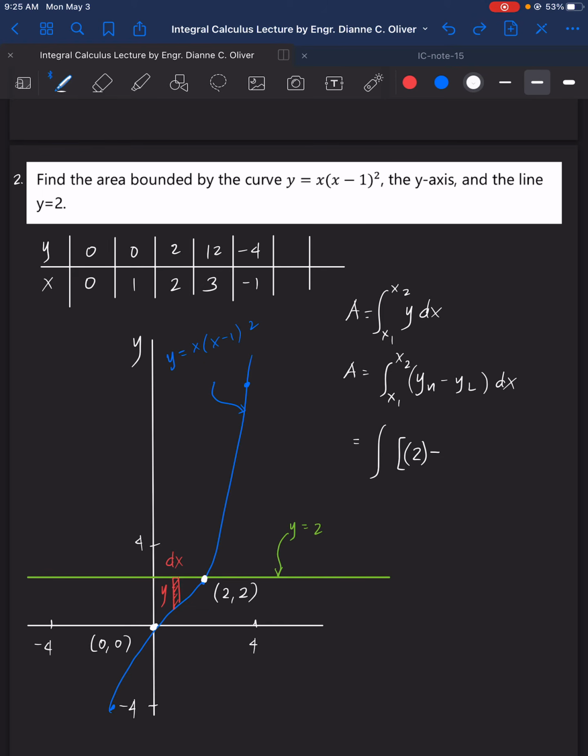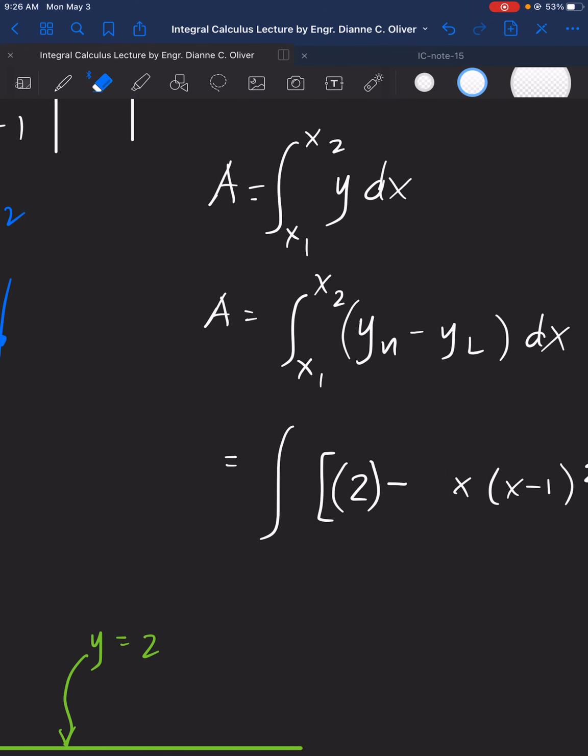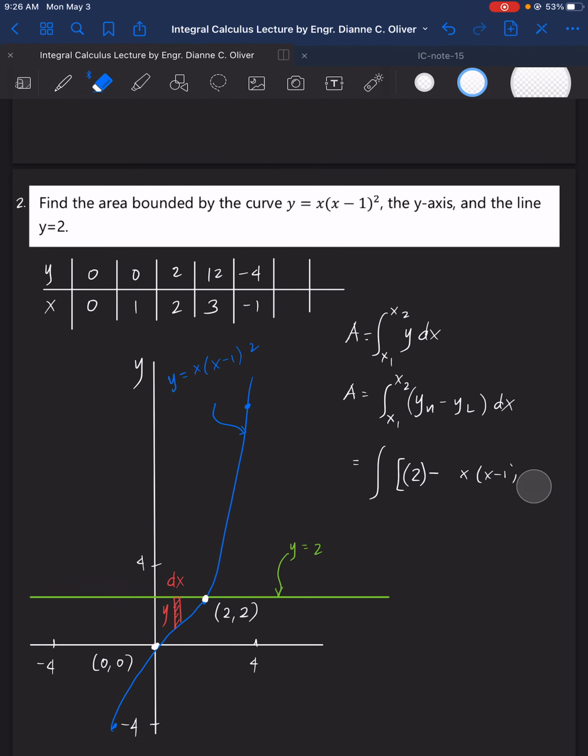It touches the curve. The curve has the formula x times x minus 1 squared, dx. Then x1, the farthest to the left, that is 0.